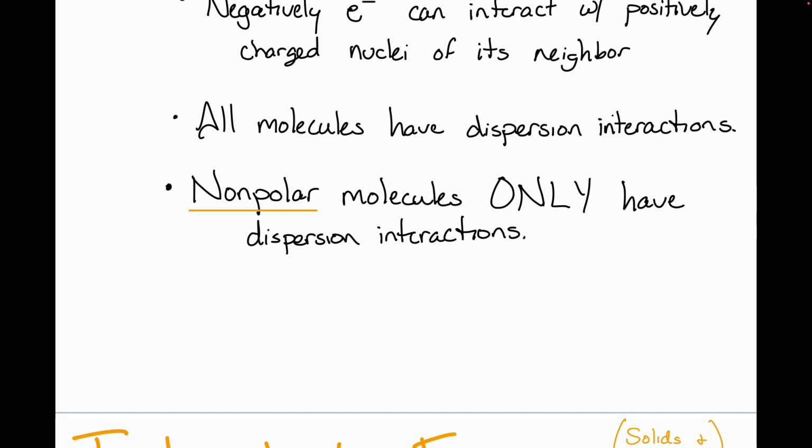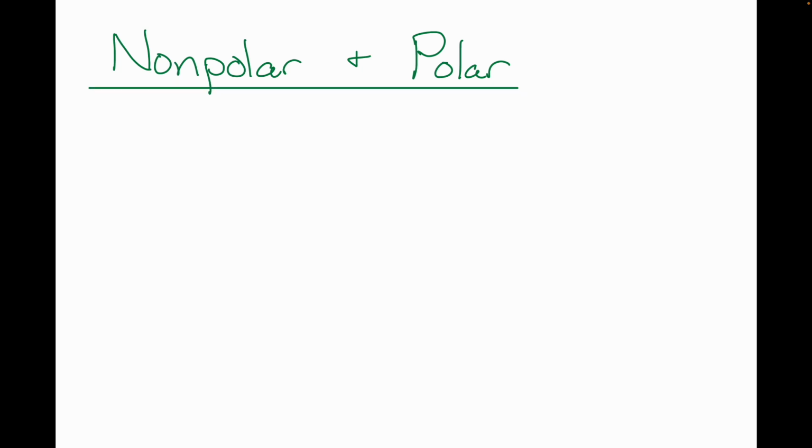Okay, all right, so now we got a new vocab term. Let's formalize this here. Where's my page? Nonpolar and polar. A very important concept in chemistry, kind of our first introduction to it here.